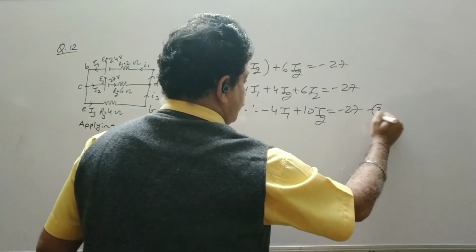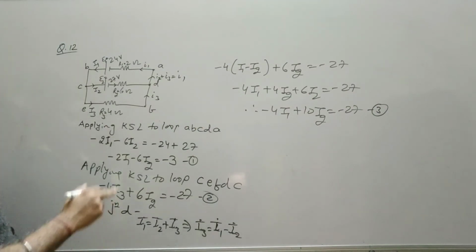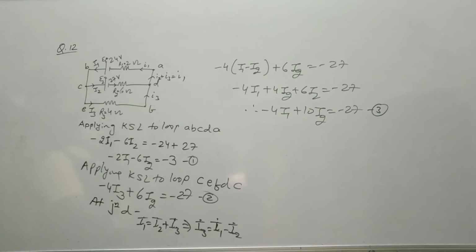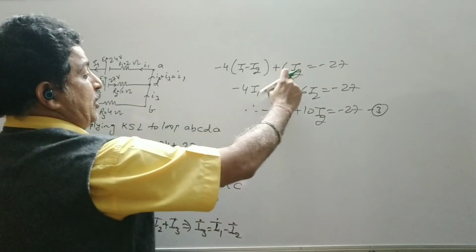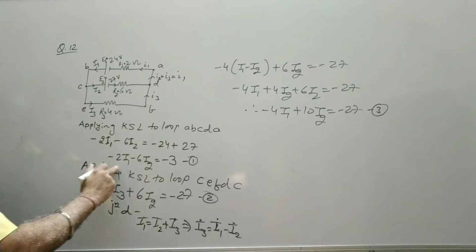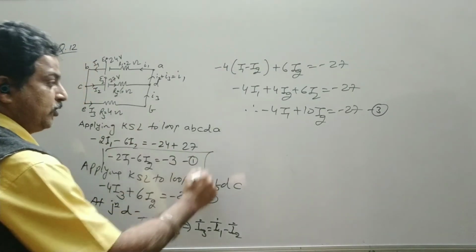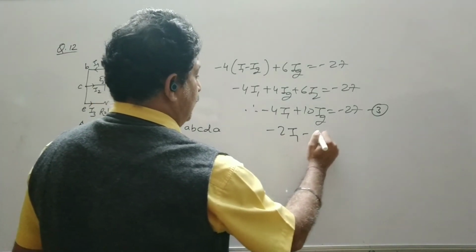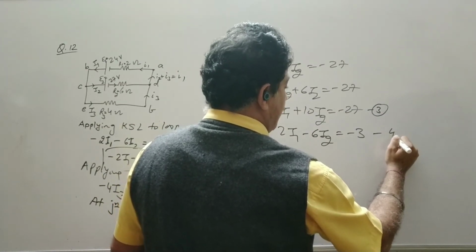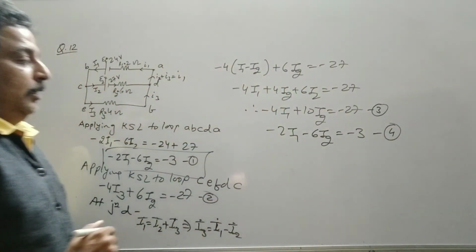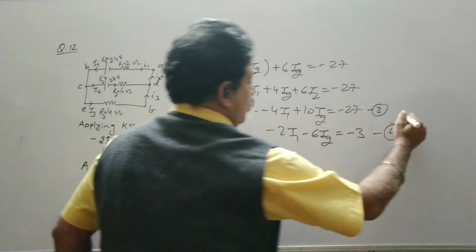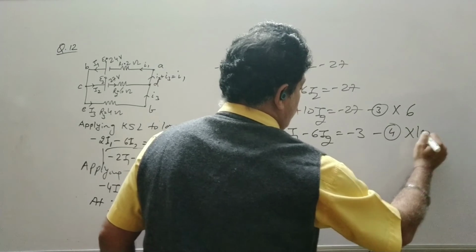We have to find out I3 and I1, so we must have eliminated I2 instead of I3, but let us find out I1 and I2 now. So taking the help of this equation, that is minus 2 I1 minus 6 I2 is equal to minus 3, say equation number 4. So we multiply this equation by 6 and this equation by 10.